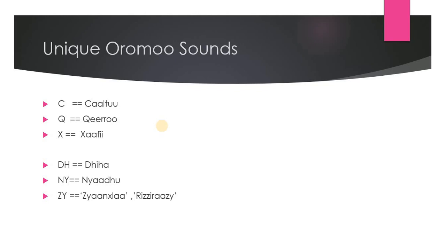In Afan Oromo, this is not C. C in Afan Oromo is just the S sound, the S letter. But C here is the sound cha. I don't know if you find this tough.